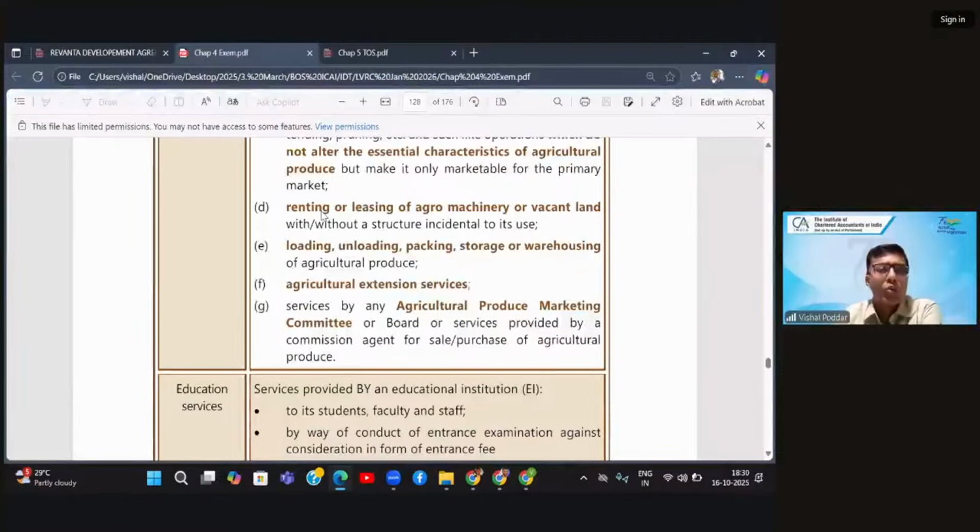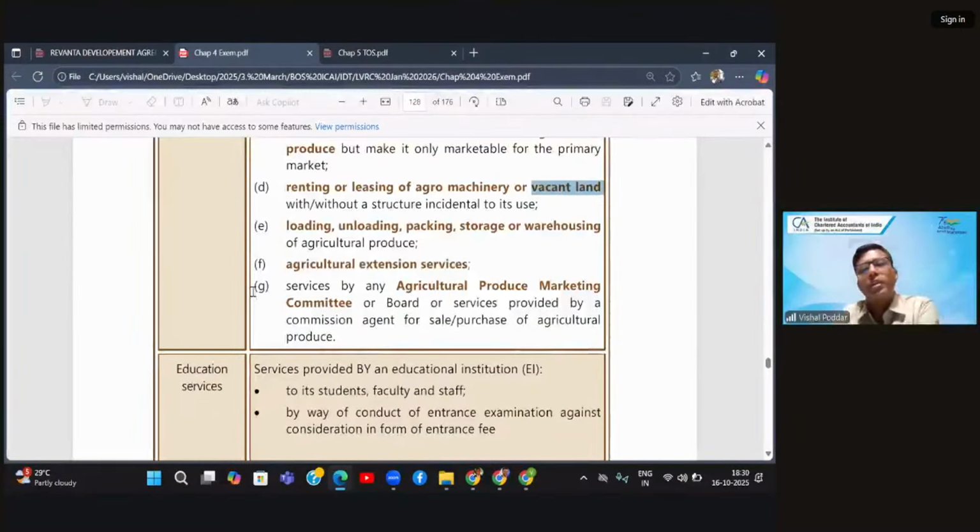Next, you require agro machinery, mainly the tractor or the machines which do cutting, cleaning of the agricultural produce. If you're taking them on rent, the rent is exempt. Or if you're taking the agriculture land itself on rent, whatever rent you pay for the agriculture land, that is also exempt.